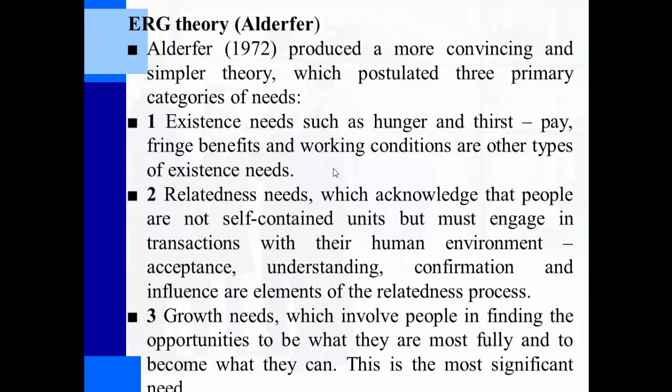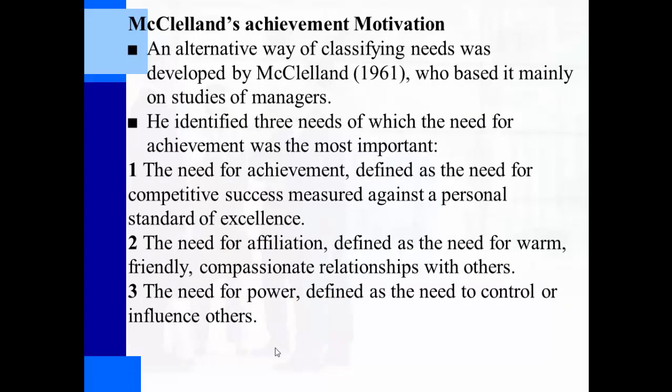This is the most significant need. In the ERG theory, the third type of need is the growth need, that people are curious about opportunities. If they see that opportunities to grow are present in the system, then they will be motivated more. If there are fewer opportunities, then they will be less interested.